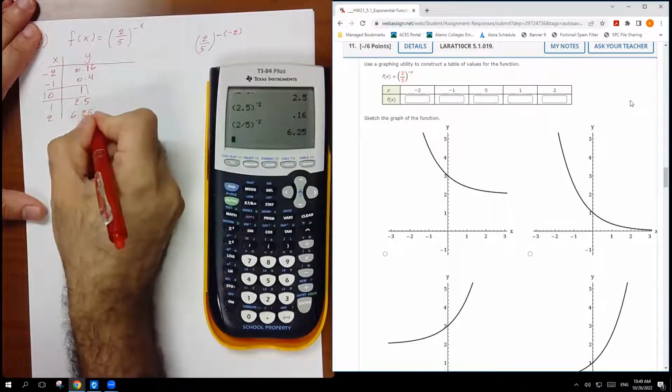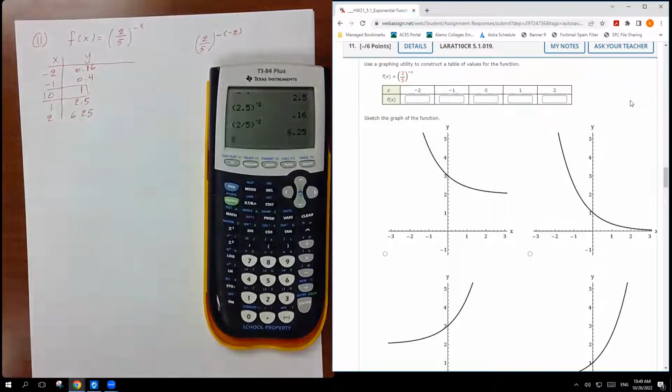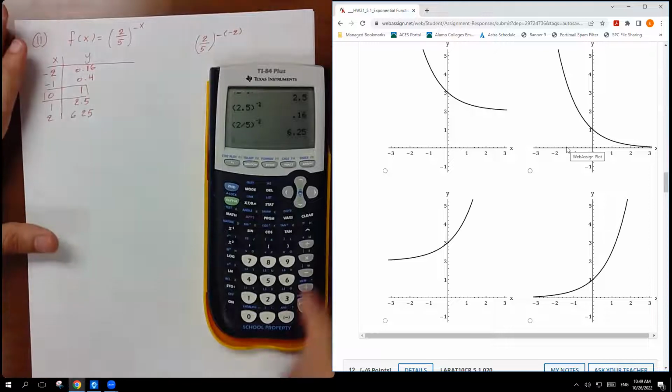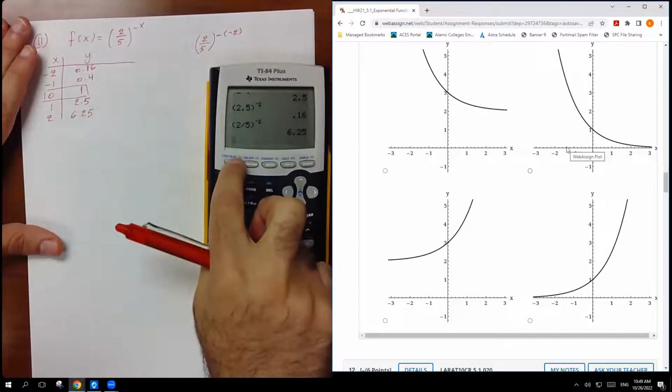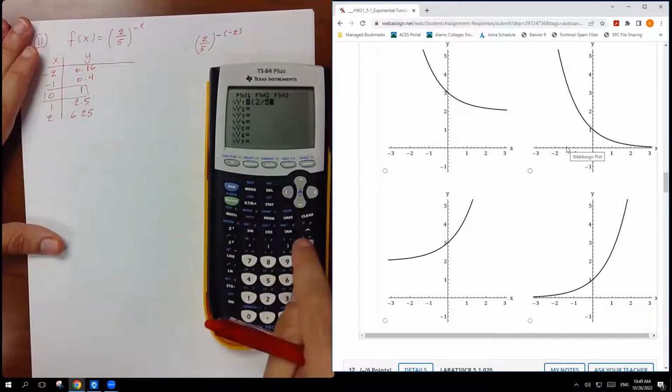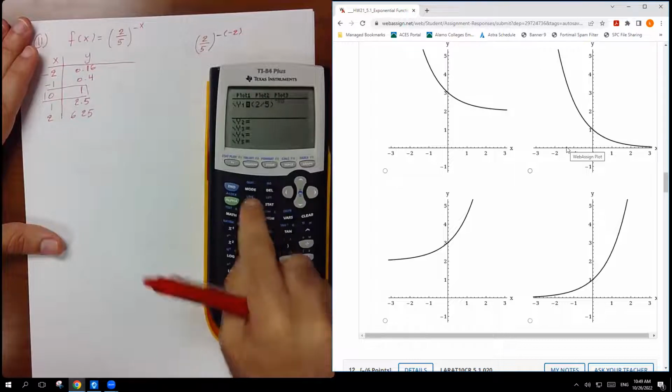So now we already know which one is the right graph by just looking at the, could be this one, could be this one. So when you graph it, which graph did we get? 2 divided by 5 to the exponent -x.